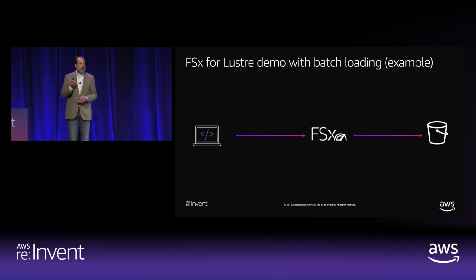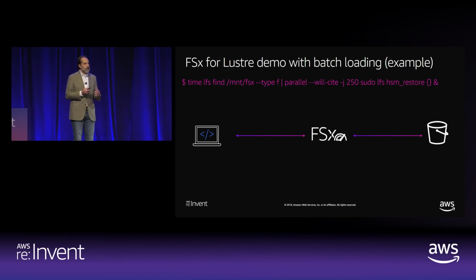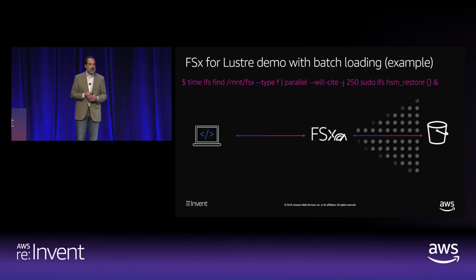When we talk about batch loading files, you can issue a single command like this, identifying all of the files in your file system, then issuing this HSM restore command for all of those. By using a simple command like this, you're able to do these batch loads. This is what it looks like. None of the data is passing through the client.